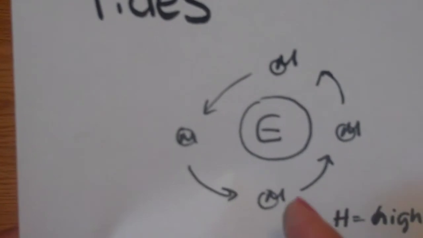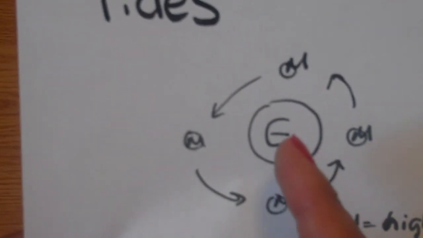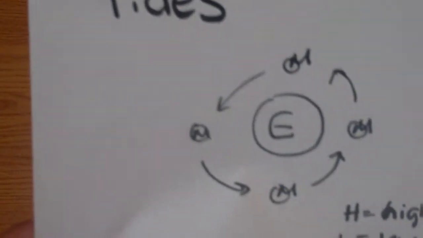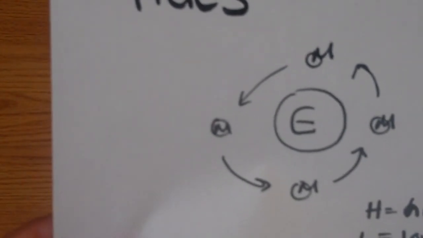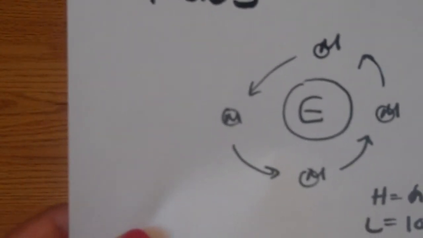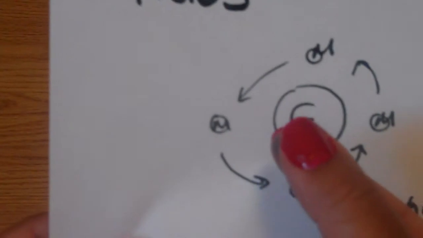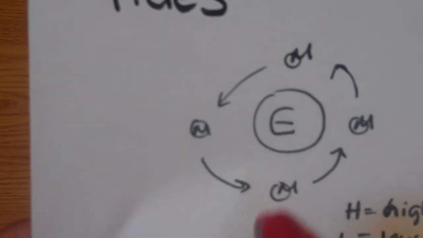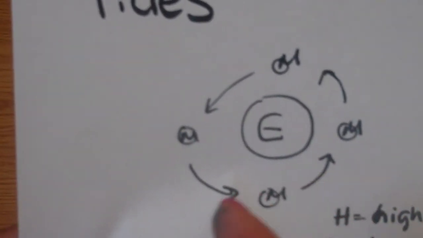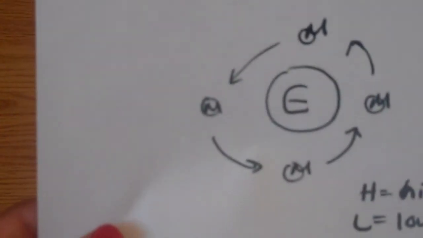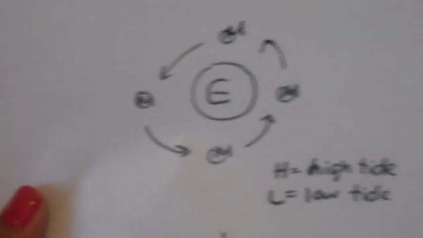Because it's a large enough object, it will pull on Earth's oceans, and we'll see the ocean be pulled out. And if it's not in this position, then it will not have as much of a strength of pull.